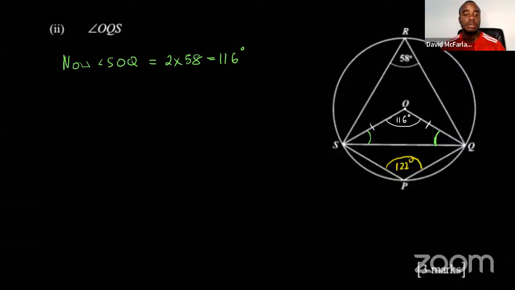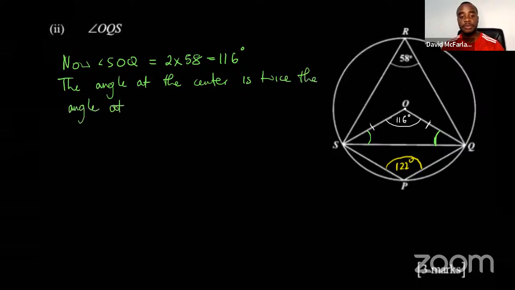And why? Because the angle at the center... But remember, you have to put your reason. It's super important. Angle at the center is twice the angle at the circumference.